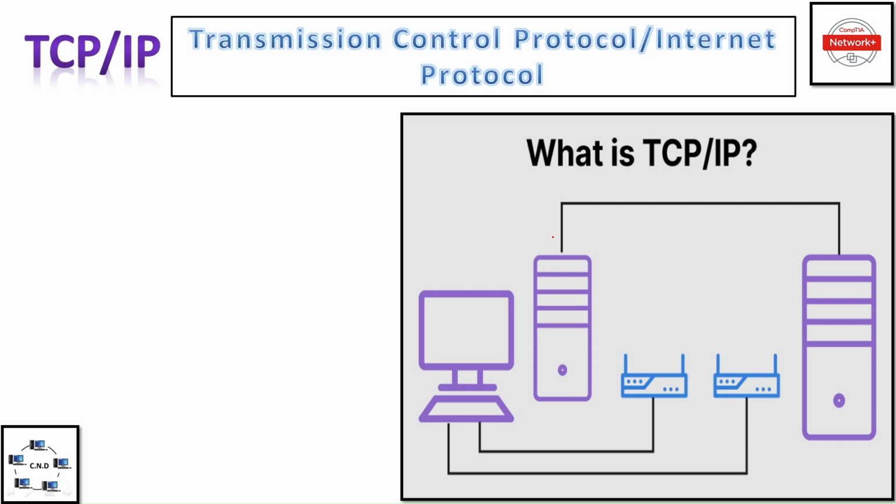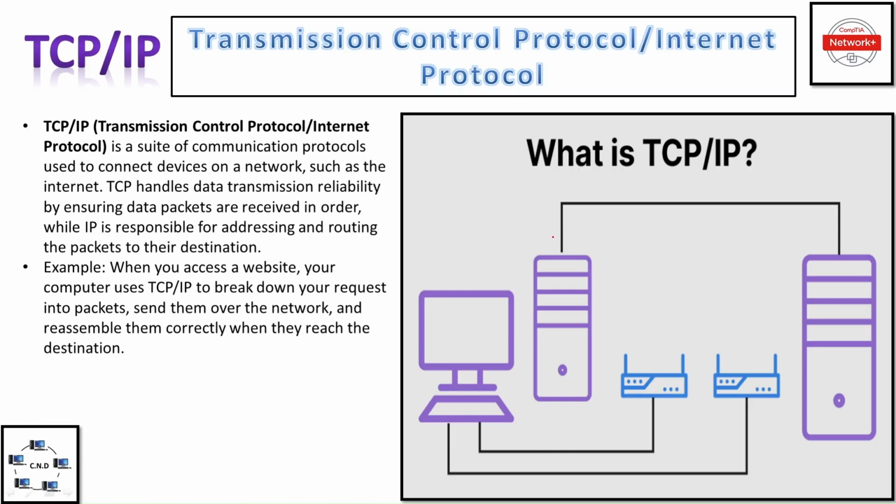TCP/IP, that is Transmission Control Protocol/Internet Protocol. TCP/IP is a suite of communication protocols used to connect devices on a network such as the Internet. TCP handles data transmission reliability by ensuring data packets are received in order, while IP is responsible for addressing and routing the packets to their destination.